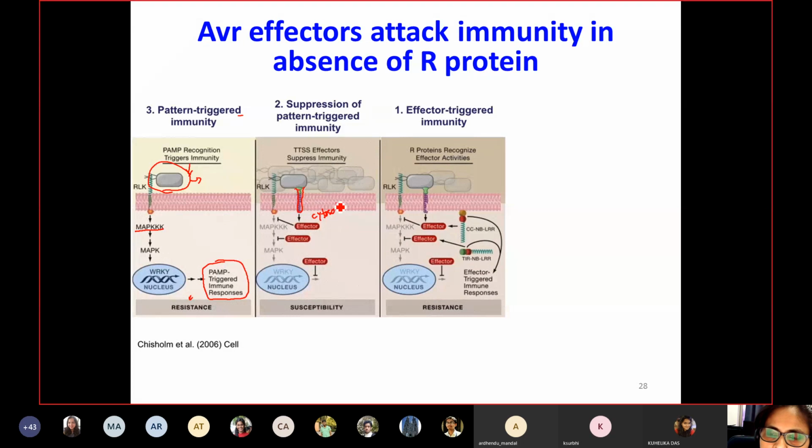Once the material is inside the cytosol, these effector molecules are not recognized by the signaling pathway, and hence no immunity is generated against this pathogen. In the end, the plant cell is susceptible to infection. So this is the advantage of AVR effectors. That means if this plant is naive, that means it does not have any R gene.